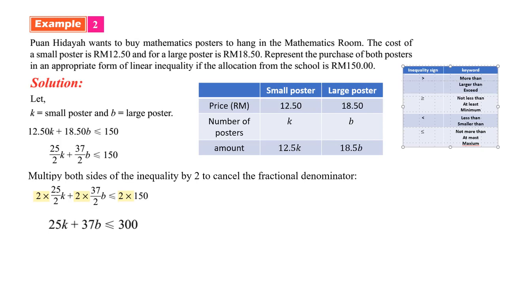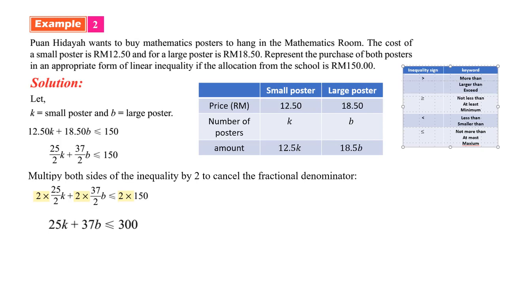Okay, let us use the letter k to represent the number of small posters and the letter b to represent the number of large posters. The amount of small posters is 12.5 multiply k, 12.5k, and the amount of large posters is 18.5 multiply b, we get 18.5b.